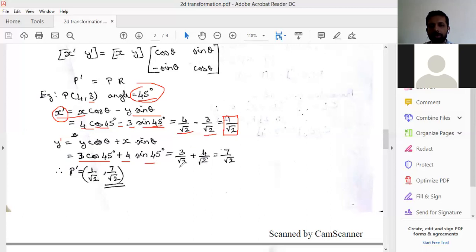So here it is going to be 3 by root 2 plus 4 by root 2. So ultimately adding it, it's going to be 7 by root 2. So after rotation by 45 degrees, the new value will be 1 by root 2 and 7 by root 2. Okay, right. So this is how the rotations are being done.